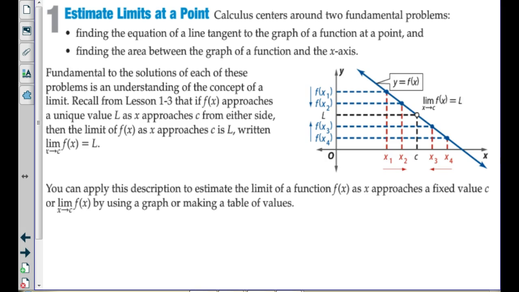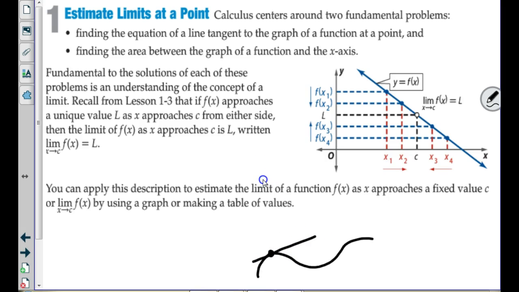All right, this is a fancy definition, so try to hang with me for a minute here. It says calculus centers around two fundamental problems: finding the equation of a line tangent to the graph of a function at a point. When you have a function, a line that will touch at only one point, the equation of this line is going to be important next year.